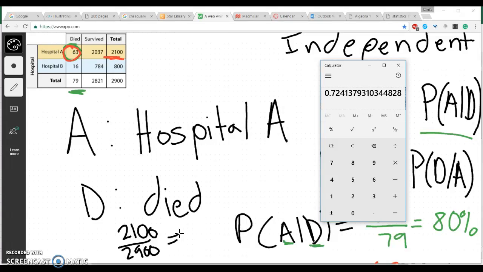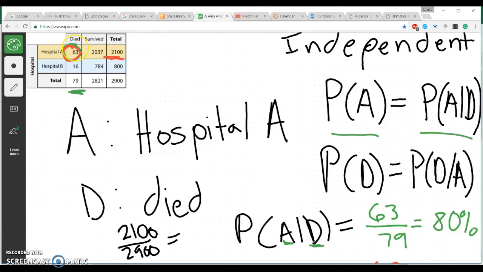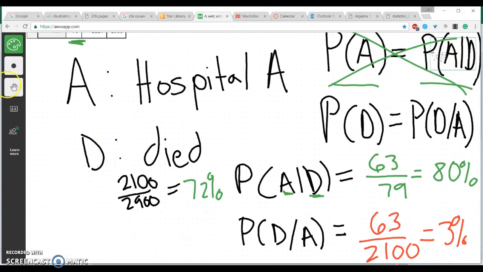And we can see that that's close, but that's not the same. That's 72%. So, again, no on this. Those events aren't independent. And then we'll do the other one, which, if it didn't work one way, the odds are it's probably not going to work the other way.